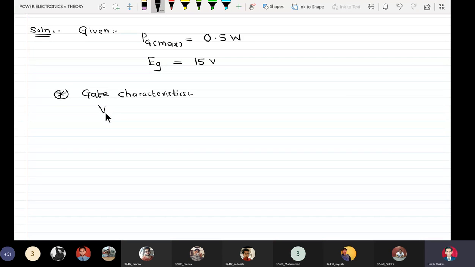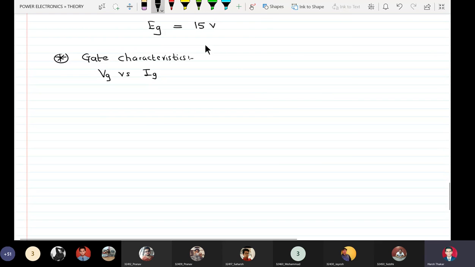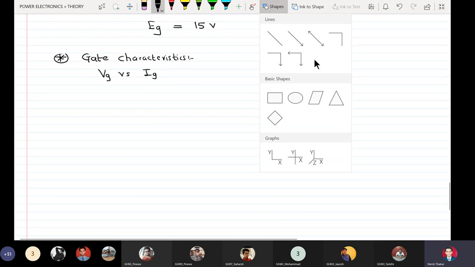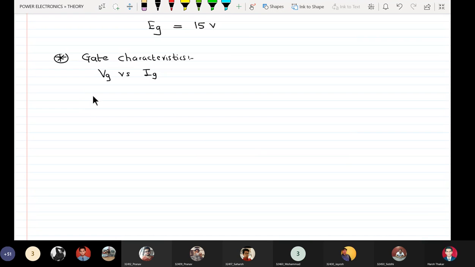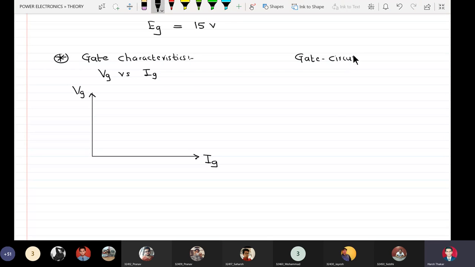Gate characteristics is nothing but gate voltage versus gate current. It is drawn like this. This is my gate voltage, this is my gate current, it is Vg versus Ig. And second is the gate circuit. For solving these kinds of numericals, you basically need these two things: the gate characteristics, that is Vg versus Ig, and the gate circuit.